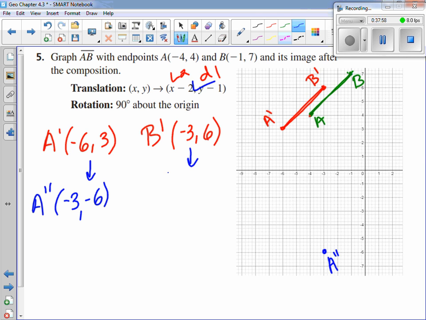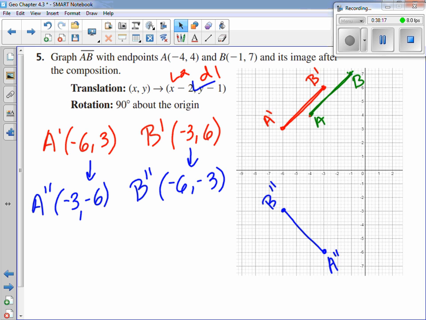And our other one here is going to be -6, comma, -3. Since 6 was second, it goes up front, and we change its sign. Since it was positive, it's now negative. And move the 3 to the back. And that's it. Questions on this here? Are we good with this here? Yes?